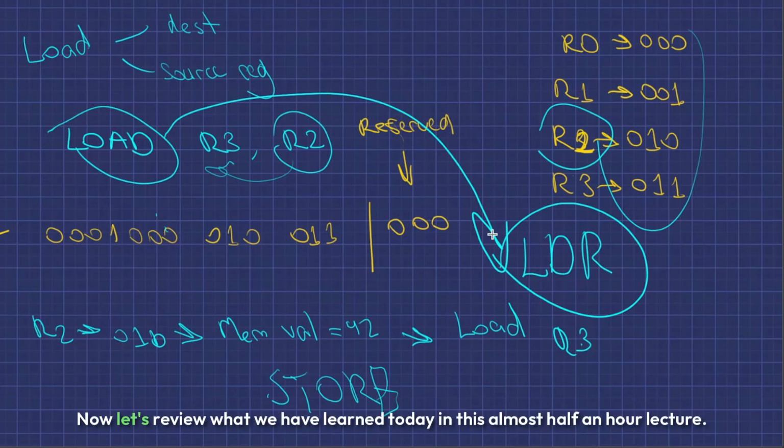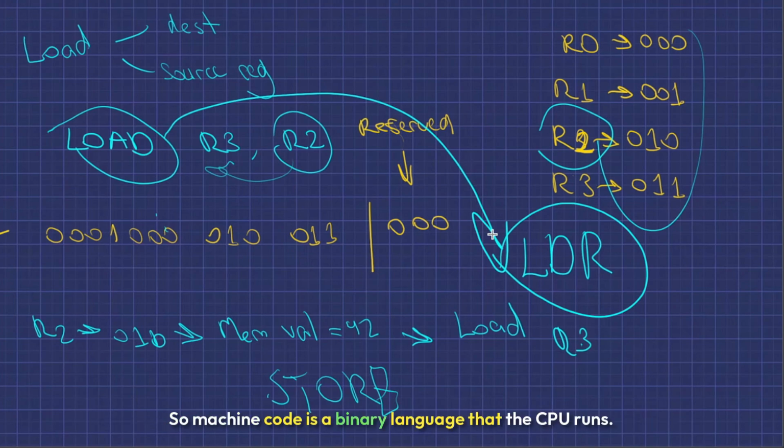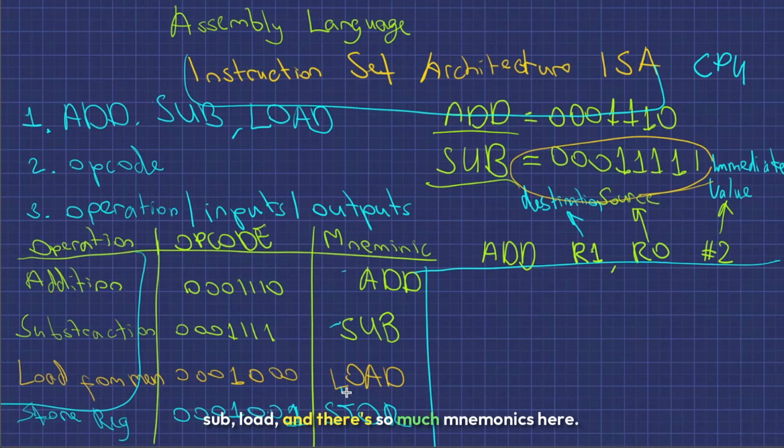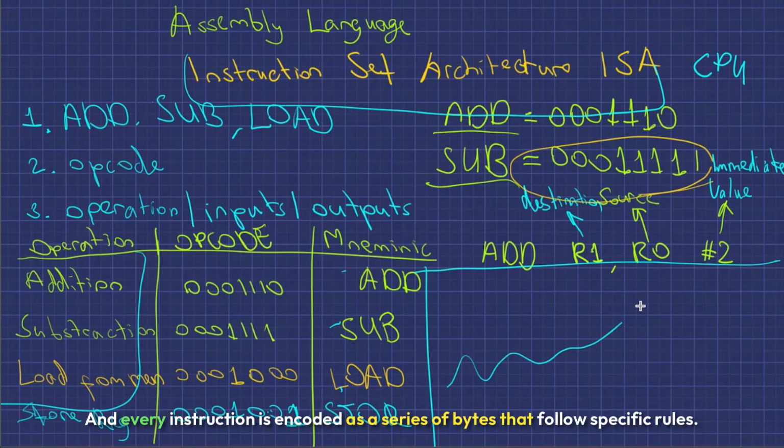Now let's review what we have learned today in this almost half an hour lecture. Machine code is a binary language that the CPU runs. Assembly is a readable version using mnemonics like add, sub, load, and there are many more mnemonics. Every instruction is encoded as a series of bytes that follow specific rules.